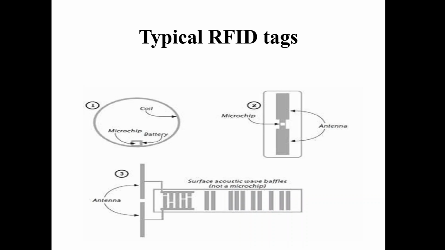Common uses are cold chain monitoring with sensors, and logistics. Based on data capability, there are read-only tags, write-once read-many tags, and read-write tags, which can be updated multiple times. These are the typical types of RFID tags.